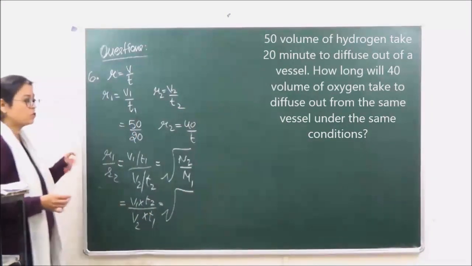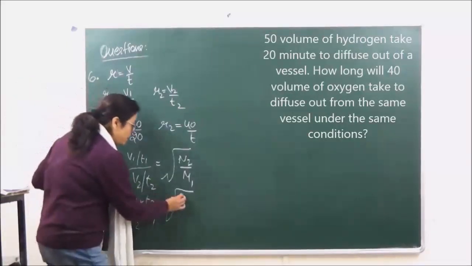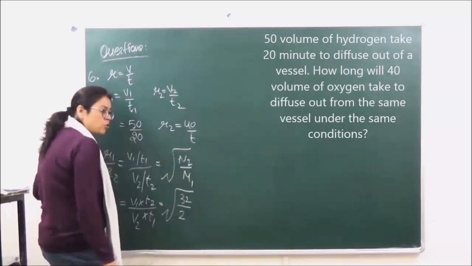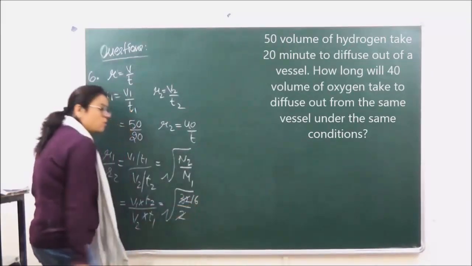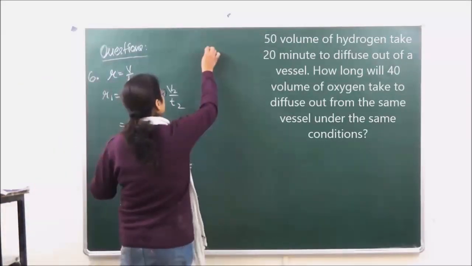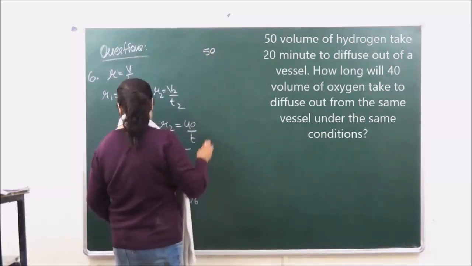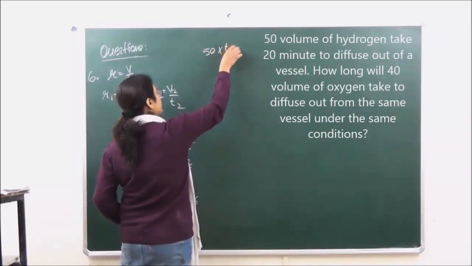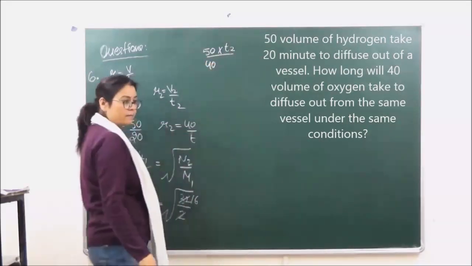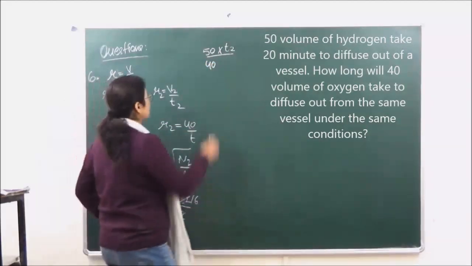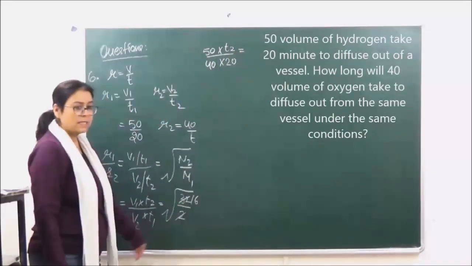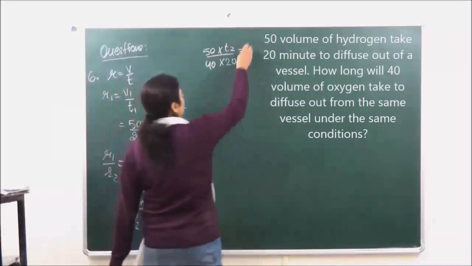M2 is oxygen, so the molar mass of oxygen is 32 and the molar mass of hydrogen is 2. This becomes equal to 16. V1 given to us is 50 into T2, which we need to calculate, upon V2 given to us as 40, and T1 given to us is 20, equal to the square root of 16. The square root of 16 is equal to 4.